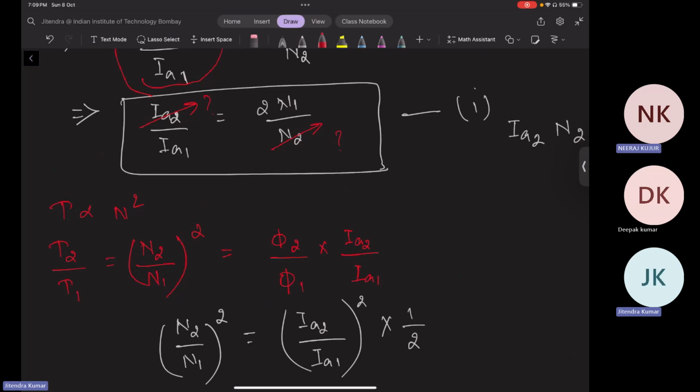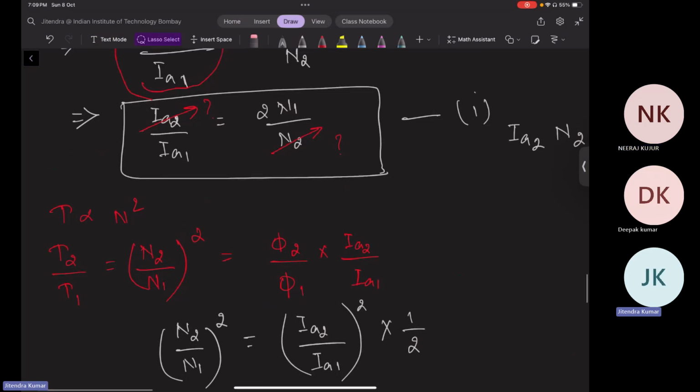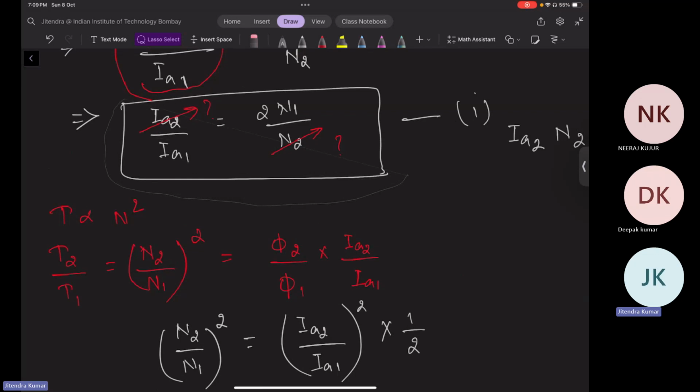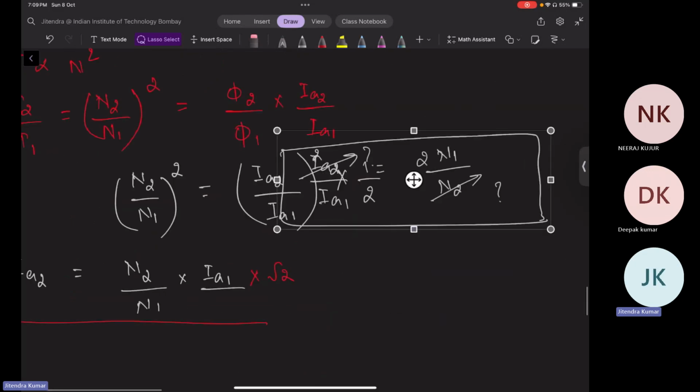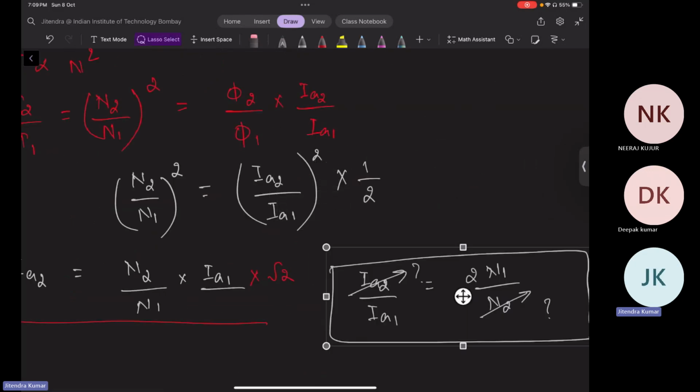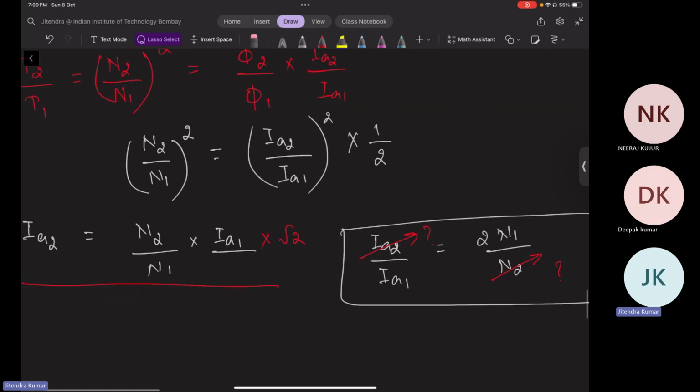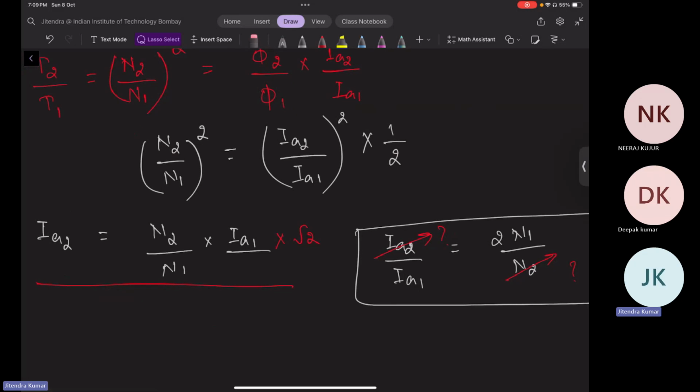Actually, if we see carefully, these two expressions are different. Let me bring back both of them side by side, then we will be able to figure it out clearly. Here IA2 by IA1 is equal to 2N1 by N2, okay? And here IA2 by IA1 is equal to root 2 N2 by N1. I thought that both are identical, but both are not identical.